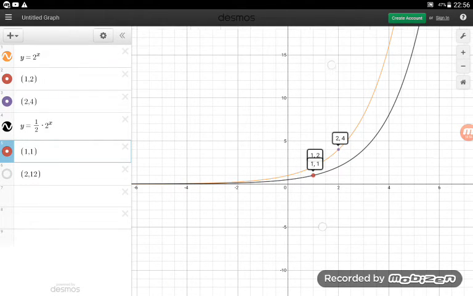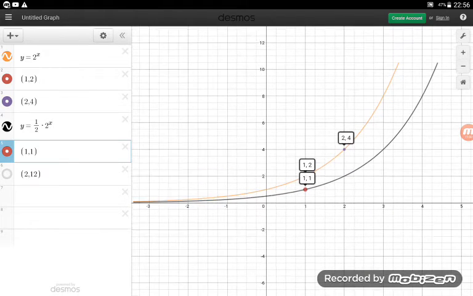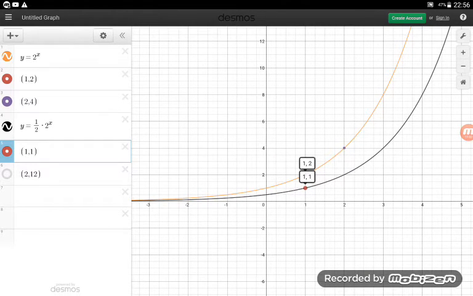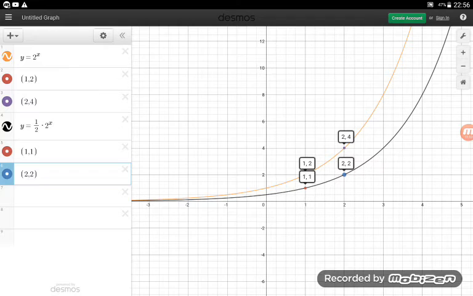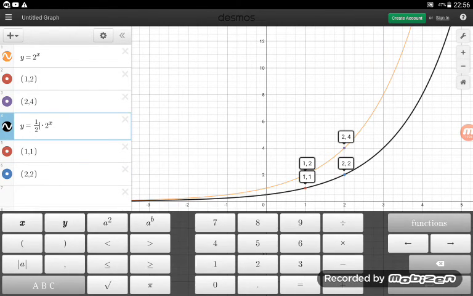Okay, see that? And then for this point 2, 4, now that point will be at 2 and 2. Okay, so as you can see, the graph just became shorter, so to speak. It's vertically compressed because of this half in front.